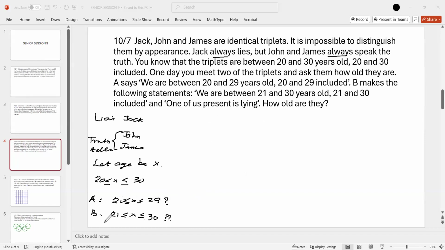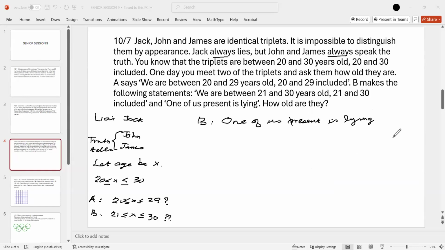But he also says one of us present is lying. He says that.